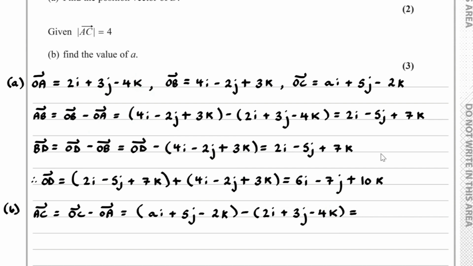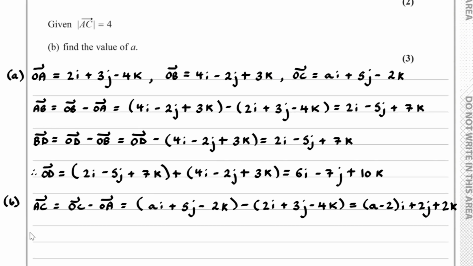And when we work this out, in terms of the i's, I've got a minus 2. In terms of the j's, I've got 2 of them. And in terms of the k's, I've got 2k of them. So that's what the vector AC is.